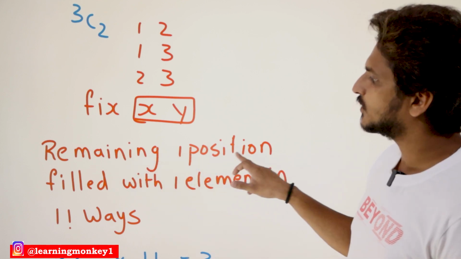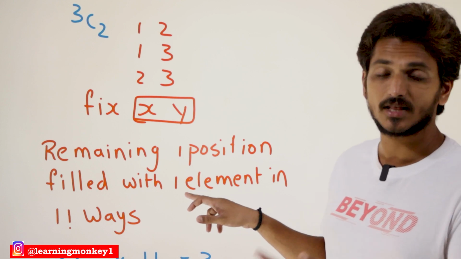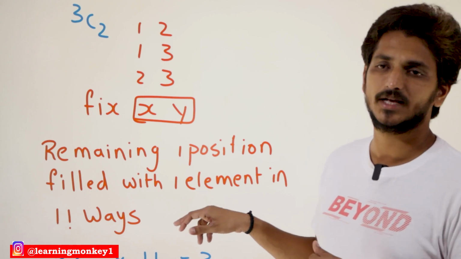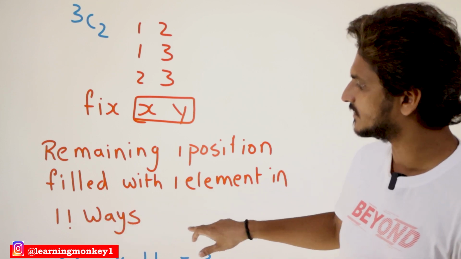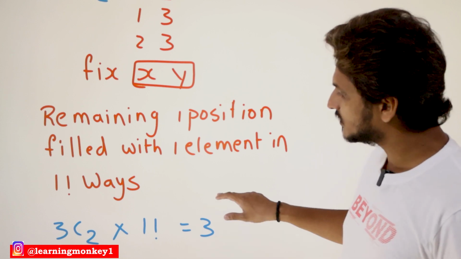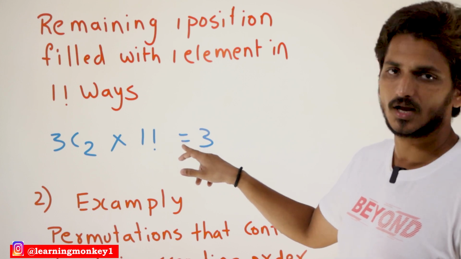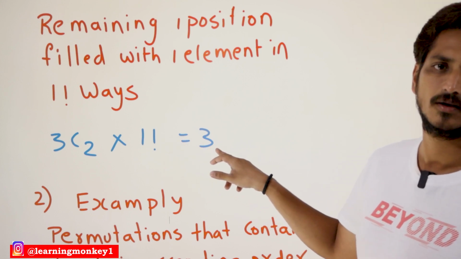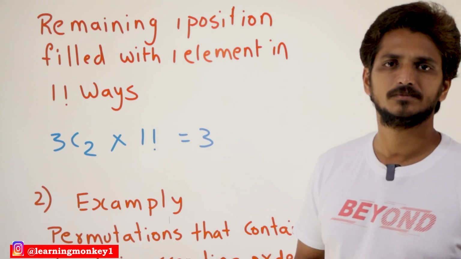So the remaining 1 position is filled with 1 element. X and y are used. What is the remaining element? Z is the remaining element. That element can be placed in 1 position in 1 factorial ways. So total possibilities are 3C2 selections multiplied by 1 factorial, which is equal to 3.